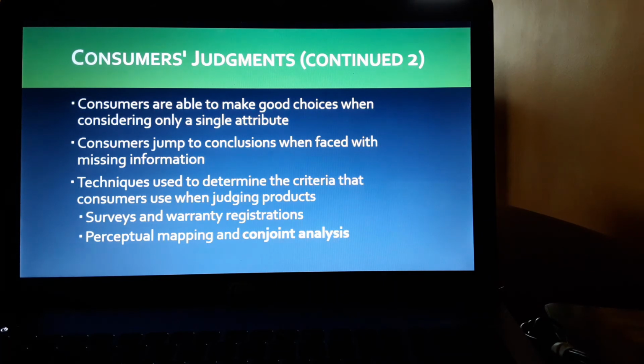So it's easy when you've got one attribute to compare it to, but when you have multiple attributes to compare it to, it's more difficult for the consumer. That's why, again, marketers need to understand what is most important to the consumer when they're buying a product. What is most important to a consumer when they're buying a vacuum cleaner? When they're buying a couch? When they're buying a telescope?